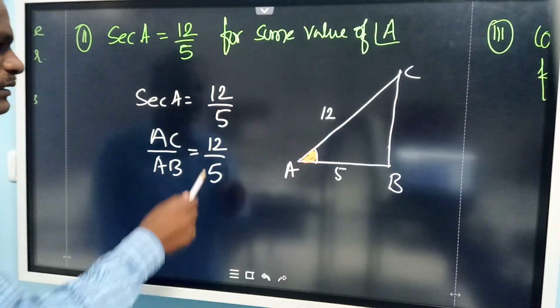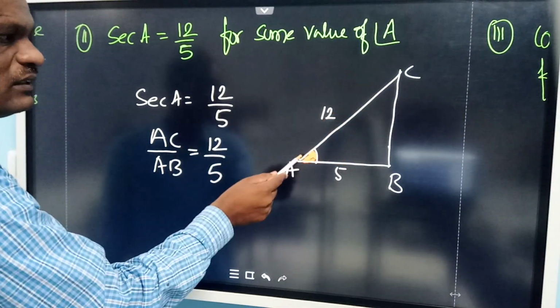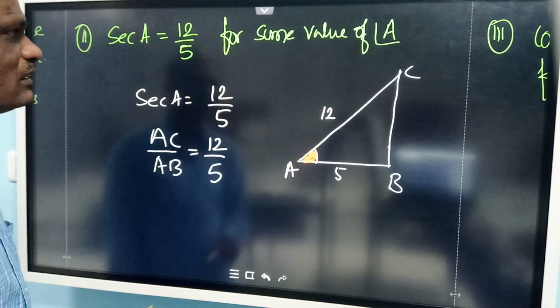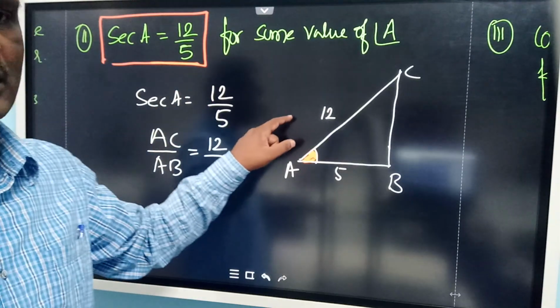Look at this. It is possible. The hypotenuse is greater than this adjacent side. So 12 by 5 is possible because the hypotenuse is the longest.